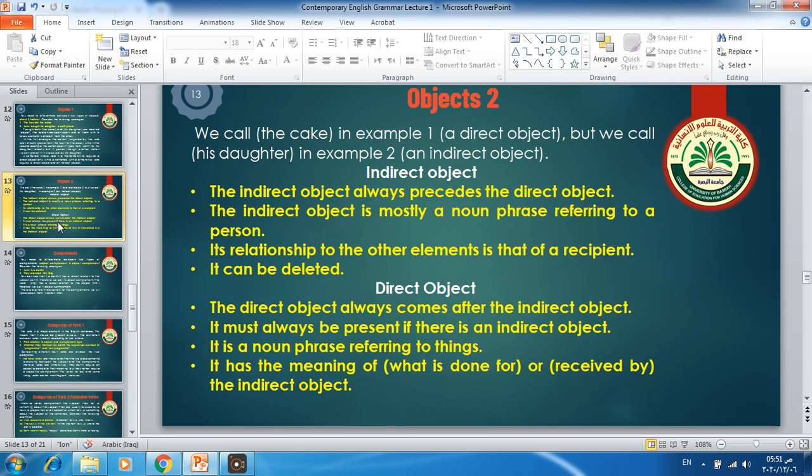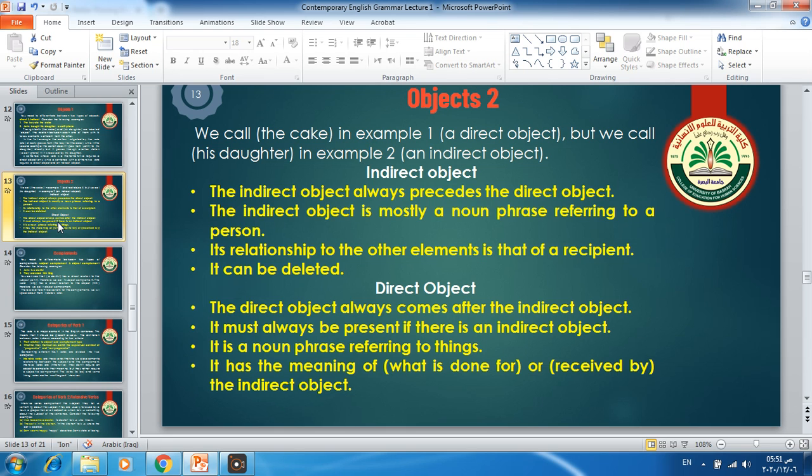The direct object always comes after the indirect object. So in case we have two objects, the direct one always comes after the indirect one. It must always be present if there is an indirect object. So there is no way to delete the direct object. It should be present when we have an indirect object.